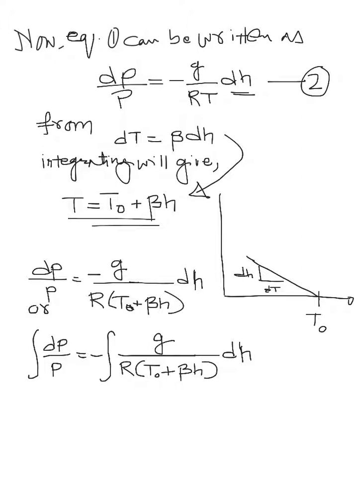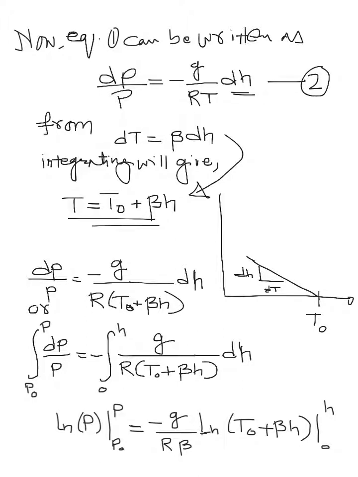So integrating with the limits, at sea level, which means 0 altitude, the pressure is P naught, and for an arbitrary height H the corresponding pressure will be P. Upon integrating, I will get this equation, in which I will substitute these limits.